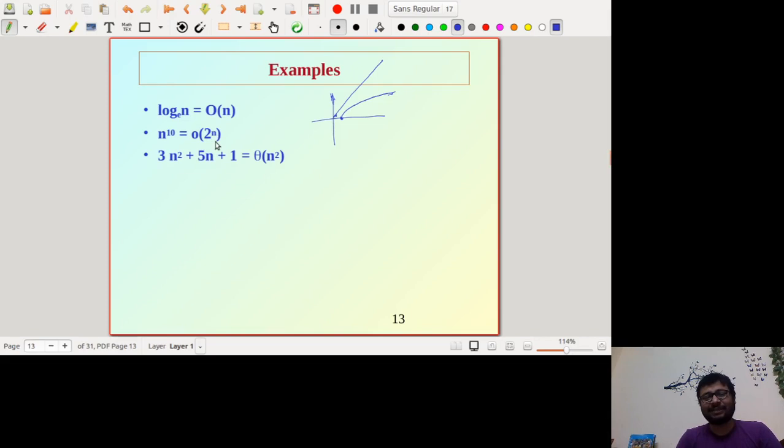And exponential functions are faster than any polynomially growing function. Strictly faster. So n to the 10 will be little o of 2 power n. 3n square plus 5n plus 1 is exactly n square in terms of growth. Theta of n square we will say. And we have seen this example. f1n and f2n both are quadratic polynomials. We said that both are theta of n square.